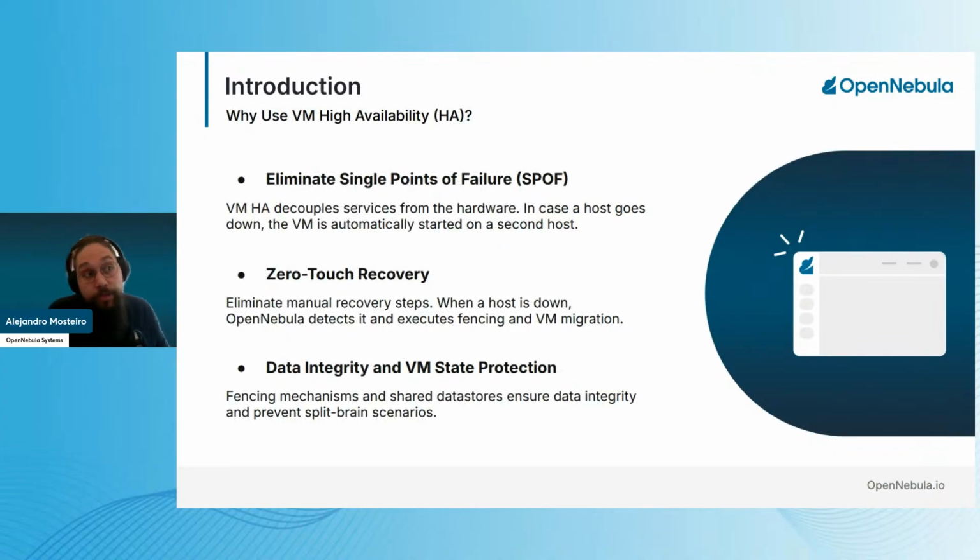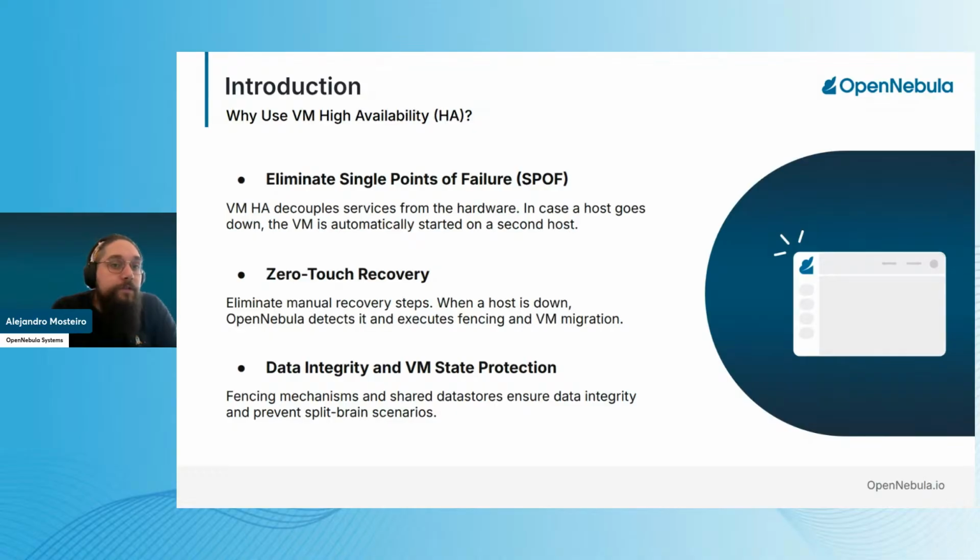And why do we use VM high availability in OpenNebula? One thing is to try to eliminate or remove one of the single points of failure that we can have, in this case, the host. And VM high availability will decouple the services from the hardware. So if a host goes down, then the VM will be automatically moved to another compatible host.